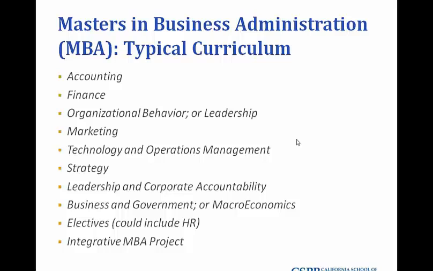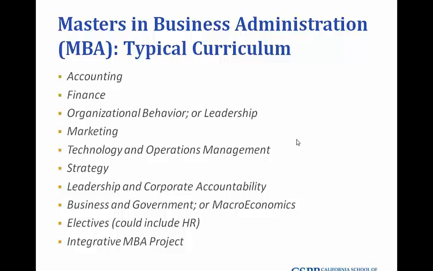On this slide you will see the most common typical courses in an MBA curriculum, everything from accounting to finance. Then you have at least one course in organizational behavior, or perhaps an elective in leadership.